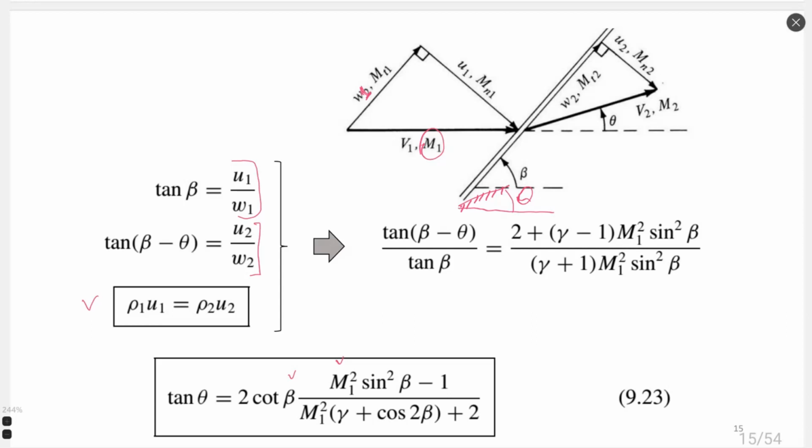So we know the right part of this equation. And in most cases, we also know the Mach number before the shock wave, for example M infinite, which happens far from the body. So we have only one unknown in this equation, beta, and it can be solved, unfortunately not analytically, but in some numerical way.